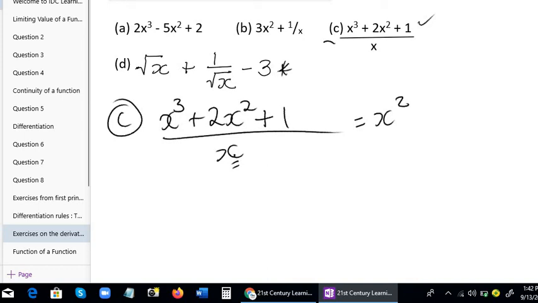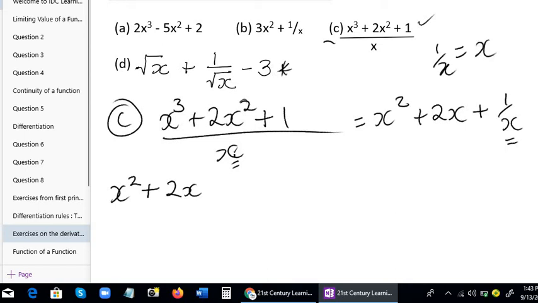So I'm using this to divide through. 2x squared divided by x, I'll be left with 2x. The 1 is gone, plus the last one is 1 divided by x. So x squared plus 2x, plus 1 over x is the same thing as x to the power minus 1. I've explained that before. This will be plus x to the power minus 1.